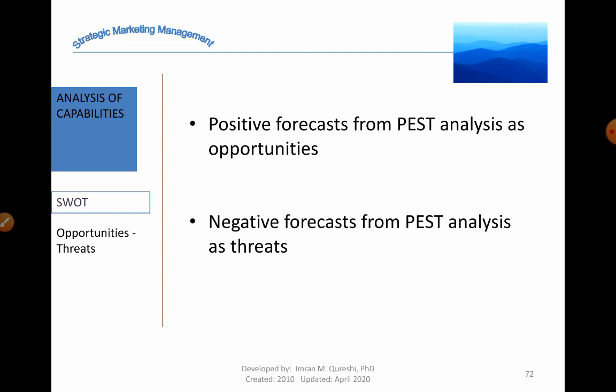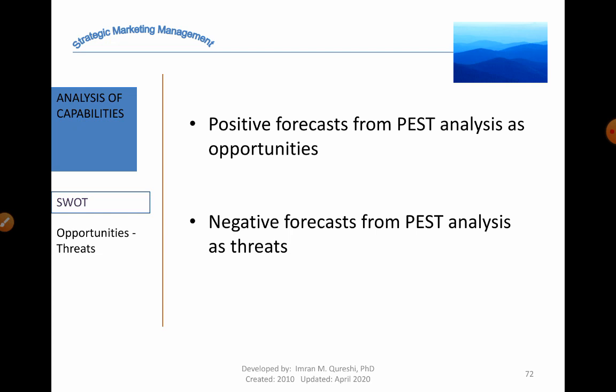If we have positive forecasts from PEST analysis, they would be taken as opportunities. If we have negative forecasts from PEST analysis, they would be taken as threats. So in each area of the PEST, for example the political environment, you do your forecast, and the forecasts developed are positive for the company.